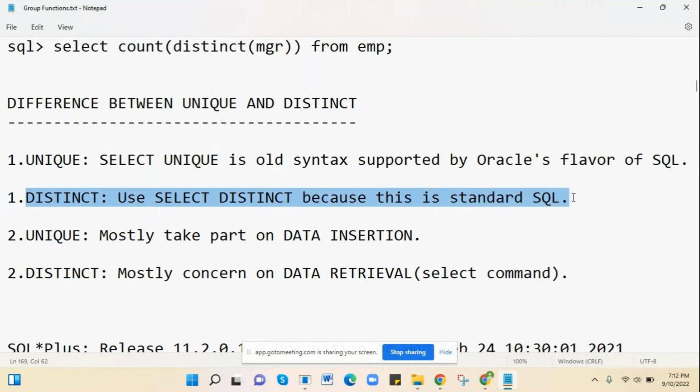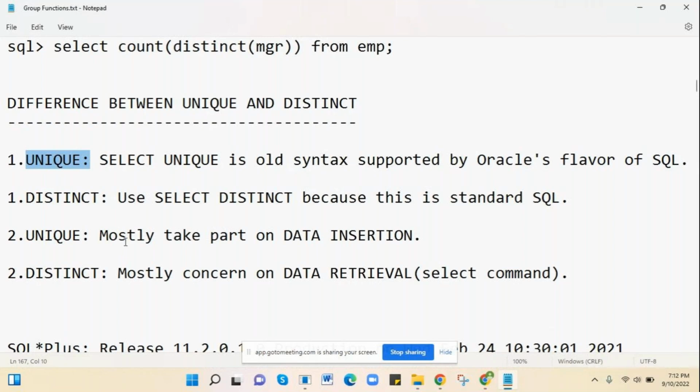Any database can use distinct, either SQL Server or MySQL or DB2 or Sybase, anyone. If your project is on SQL Server or MySQL, it means your client is using SQL Server or MySQL. At that time use distinct only, don't use unique.